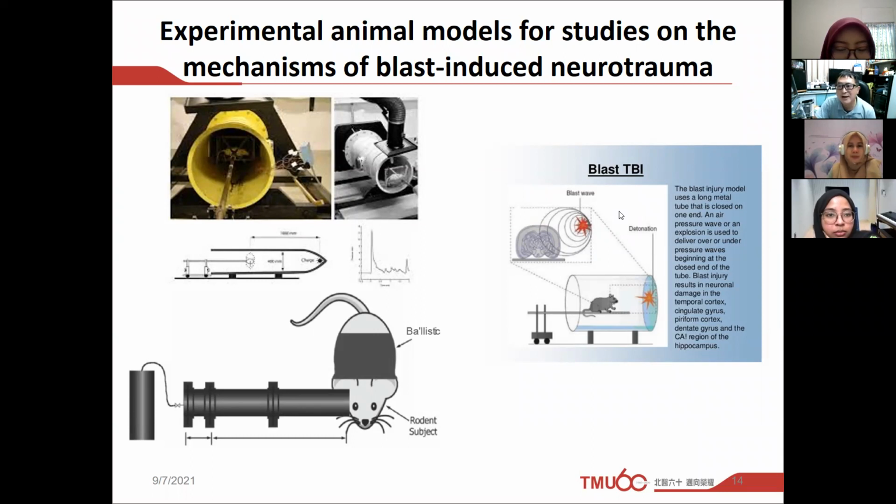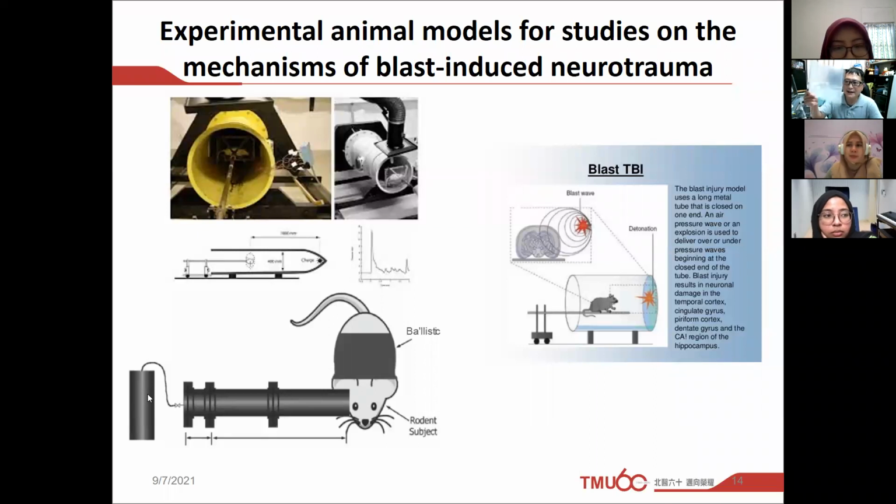So we mimic this explosion. We build a pipe, and there are two segments of pipe. Between them, we put plastic paper or film like this, between the segments. And at the other end, we put a gas tank to build pressure.